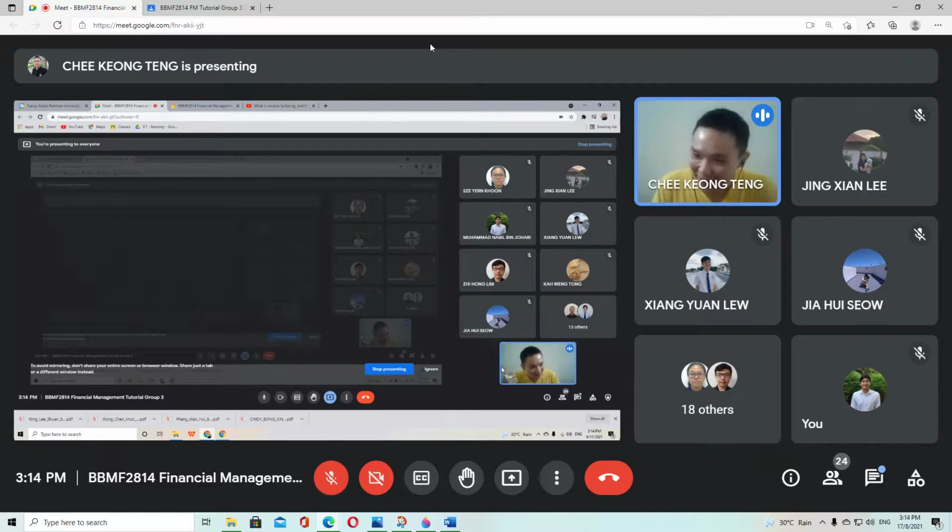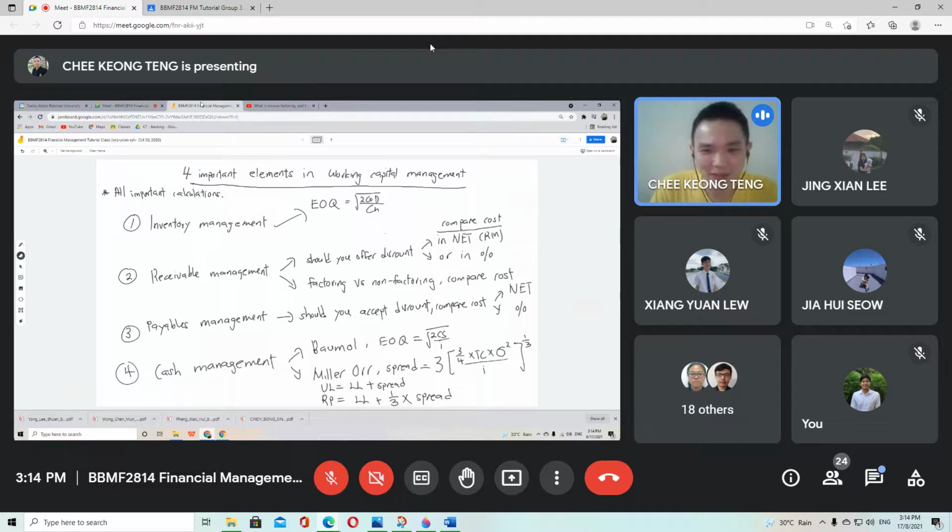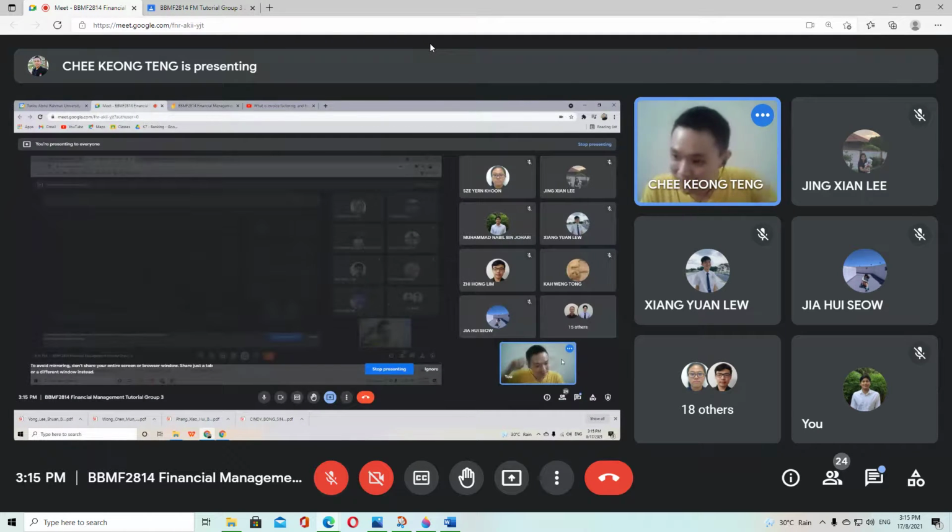Last year only, and you're blur for 1 year already? I guess no lah, maybe factoring versus non-factoring. But EOQ, definitely, I think you all learned that. I think factoring versus non-factoring, you all never learned that before. Okay, correct me if I'm wrong.